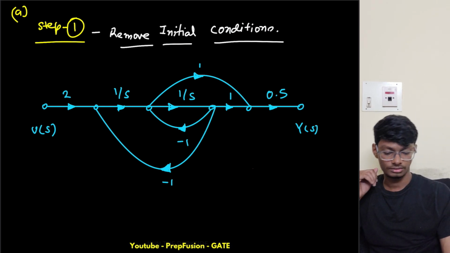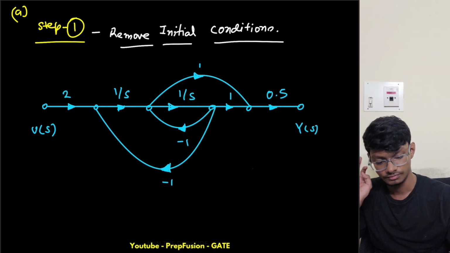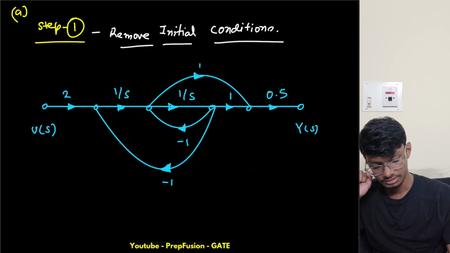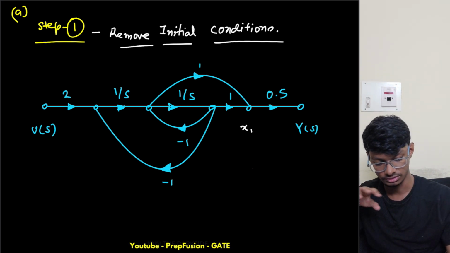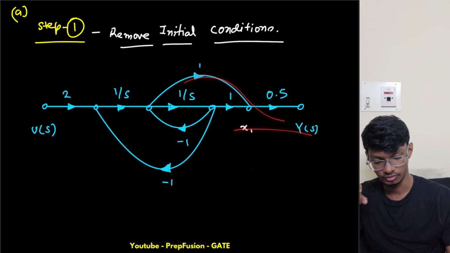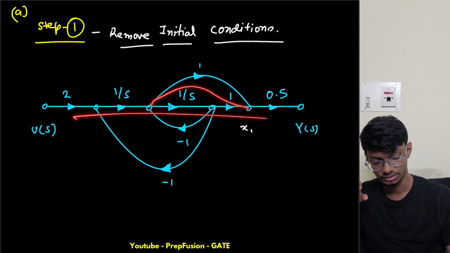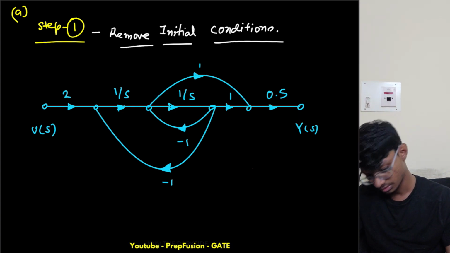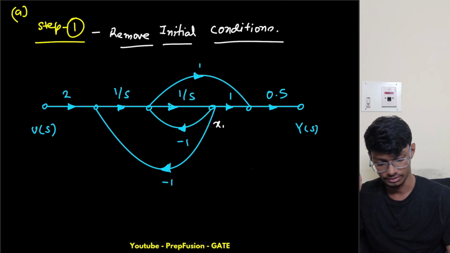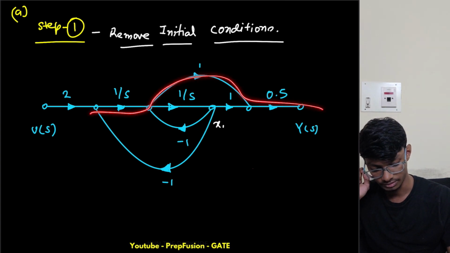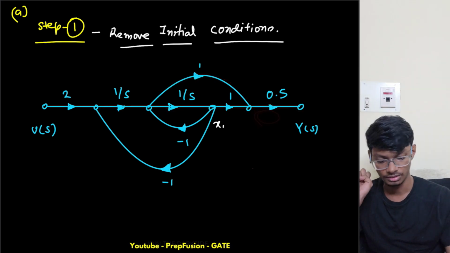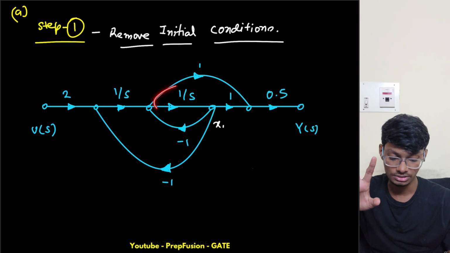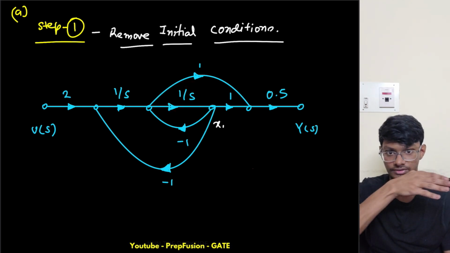So I will choose x1 and x2. Initial conditions aren't even given, but I will choose x1 and x2. I can't choose x1 at this one, because there are multiple forward paths over here: this is one forward path and this is also another forward path. So I'll choose x1 like this, just after the one by s stem.